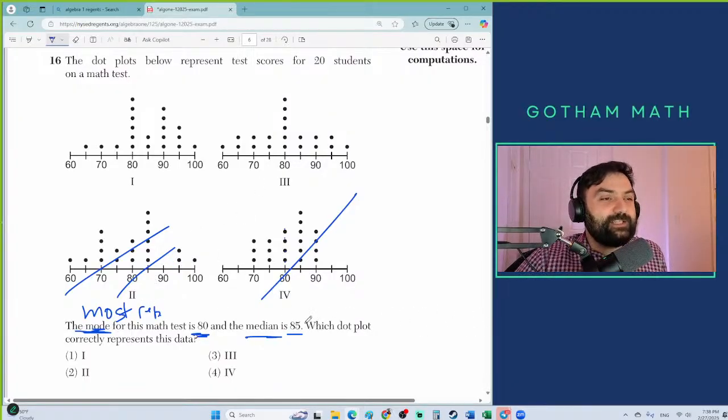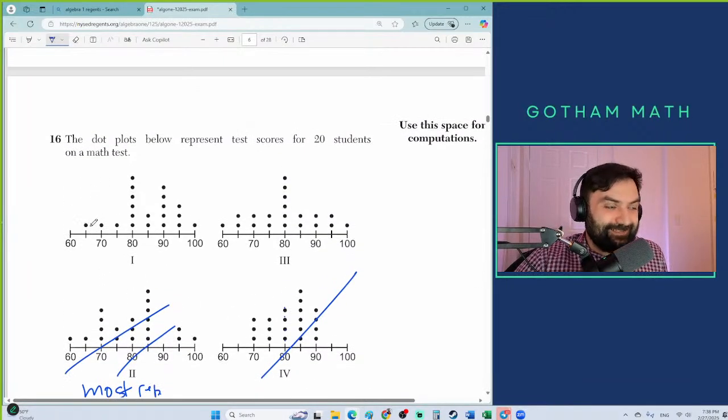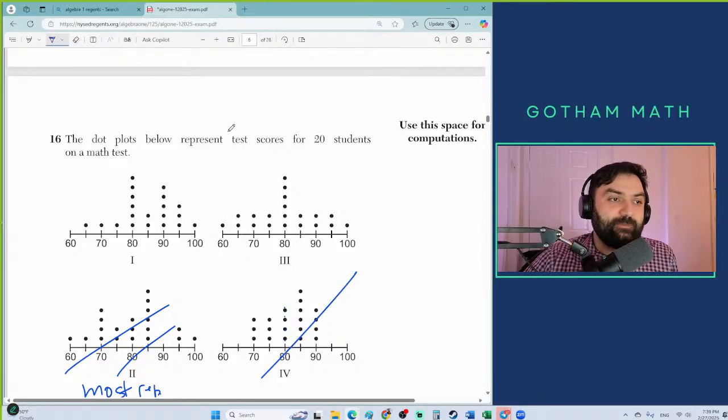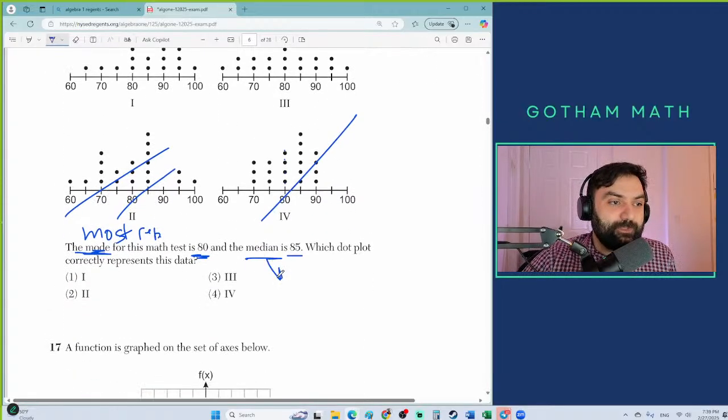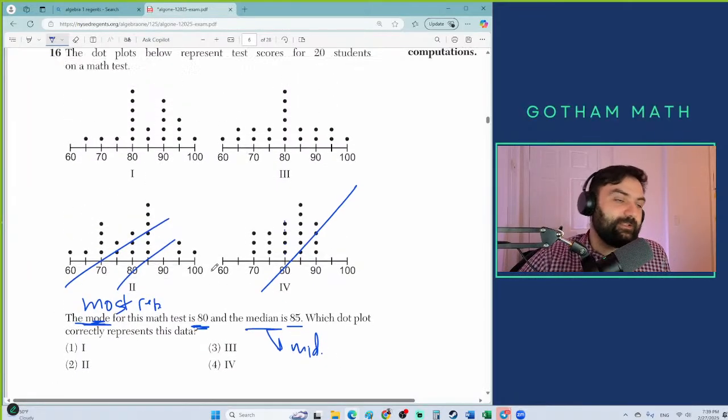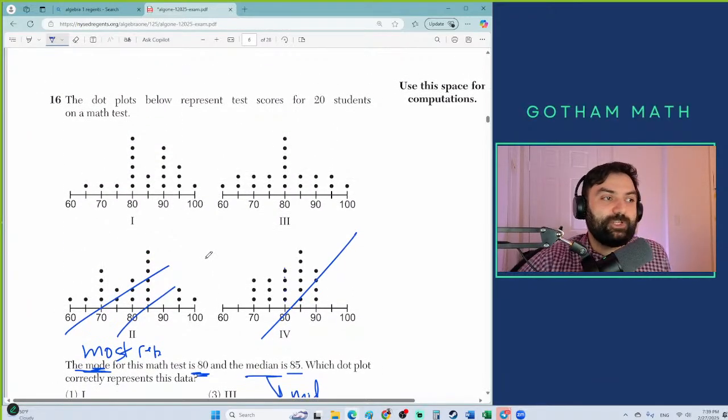And the median is 85. The median is when you cancel the lowest and then the largest. You have to find the middle. Median comes from the middle, right? Middle, median. That's my association.